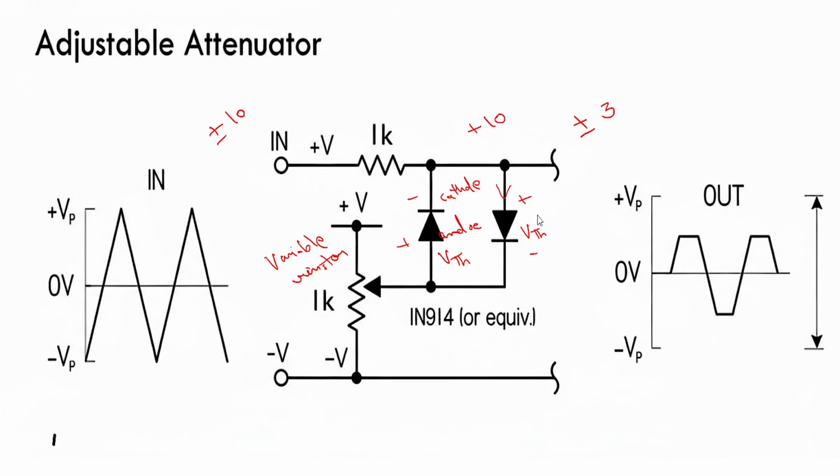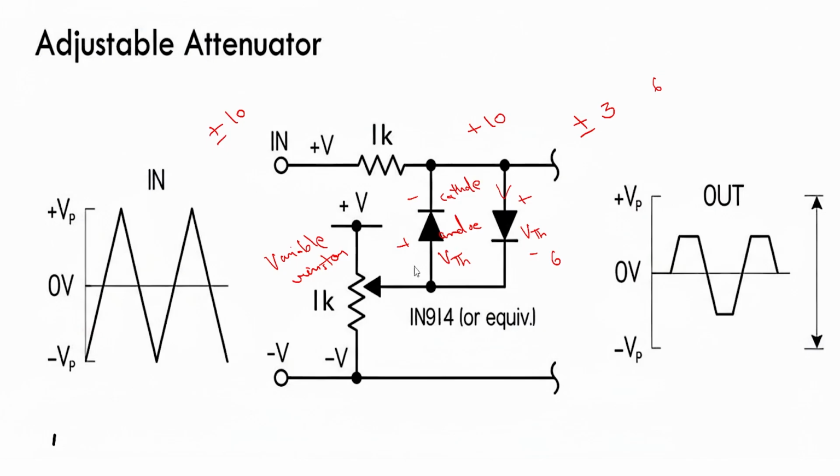This is positive, this is positive, so the current will flow from here to here. It means this path will work. So if the threshold voltage is 6 volt, the output will be 6 volt here. Understand, 6 volt output will come.